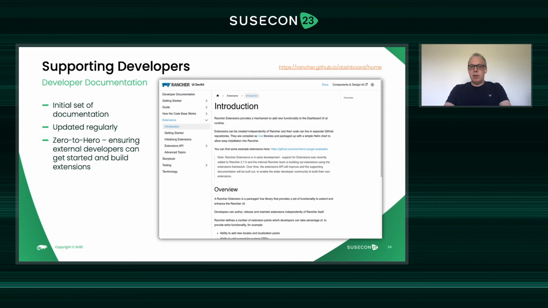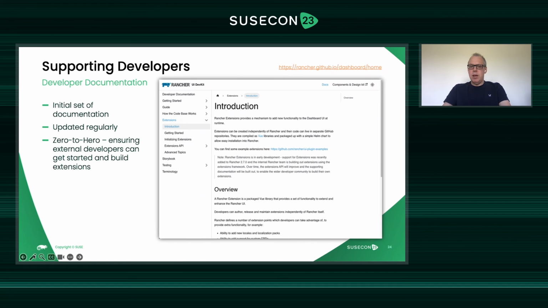Again, we've made a good start. There's more to do. We try and update this regularly. It's been a bit of a focus over the last few weeks, and going forward it will be. We very much focused on this zero to hero use case, right? Just really making sure that with what we have today, somebody outside of Rancher can get going, build, develop, publish, and upgrade an extension on their own with our help.